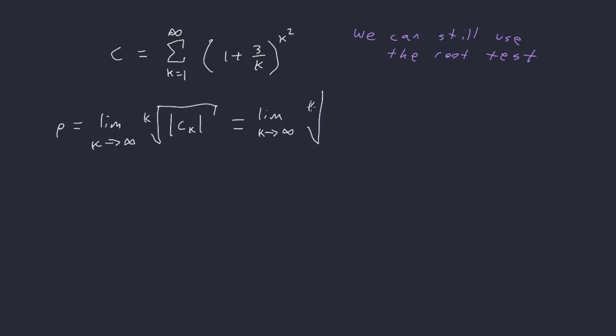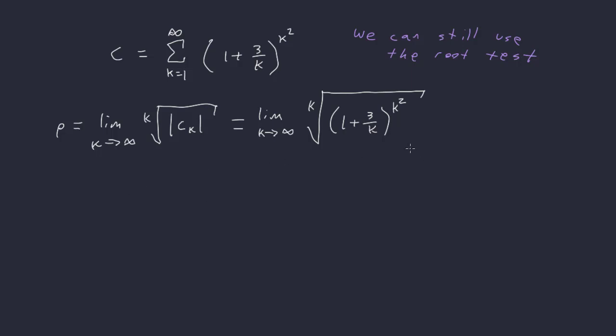Right, so it'll be the kth root of 1 plus 3 over k, to the k squared. So the question is, how does this kth root interact with this to the k squared? And it does so like this.